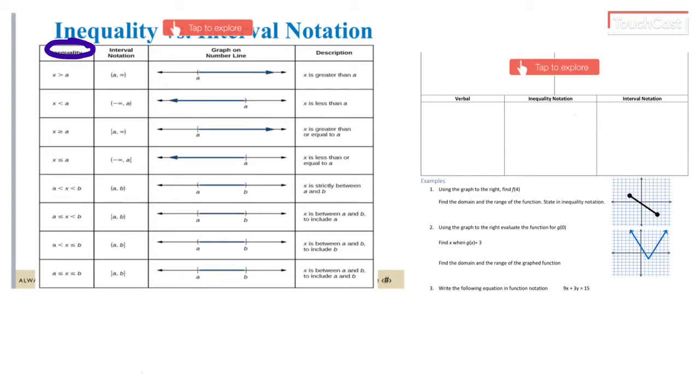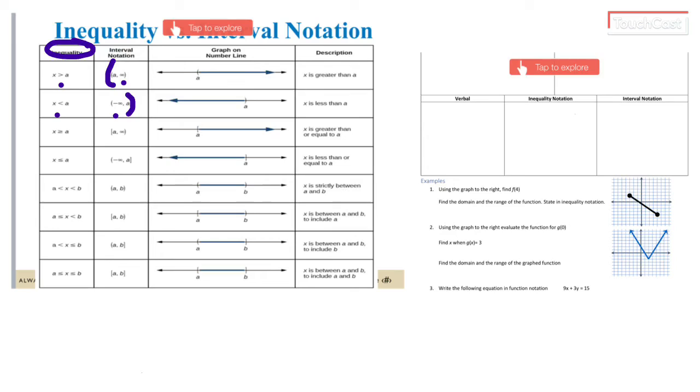And we've talked about how if you have infinities or negative infinities, that negative infinity is going to be the smallest value, and it always gets a parentheses. And then positive infinity is going to be your biggest value, and it always gets a parentheses. Then we have talked about if it is less than or greater than, then it gets these parentheses here.